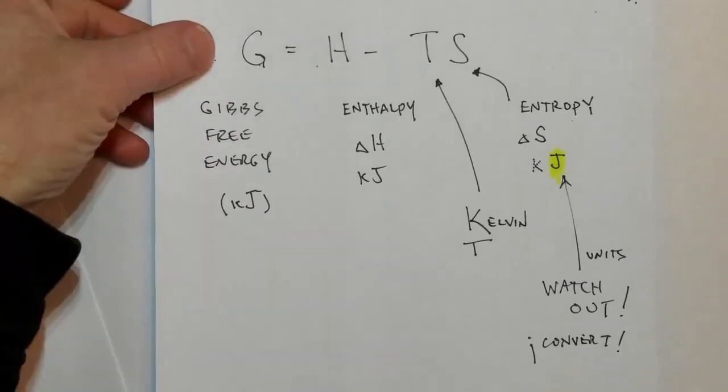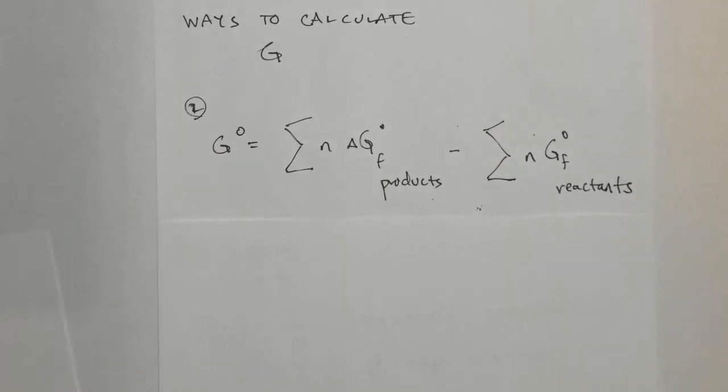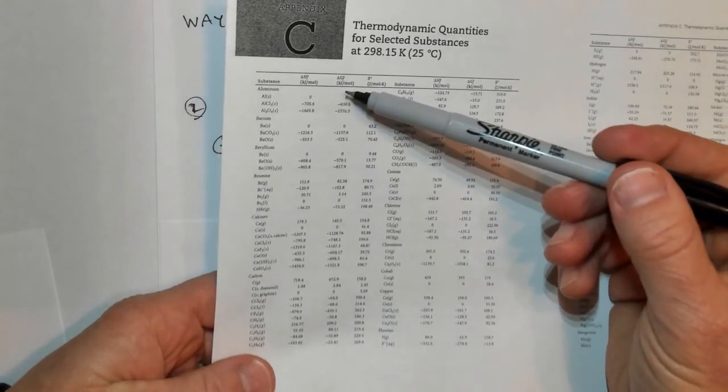One other way to calculate this Gibbs free energy is to do the same type of thing that we did with delta H and delta S. In your thermodynamic quantities table in Appendix C are also Gibbs free energies for many different substances.